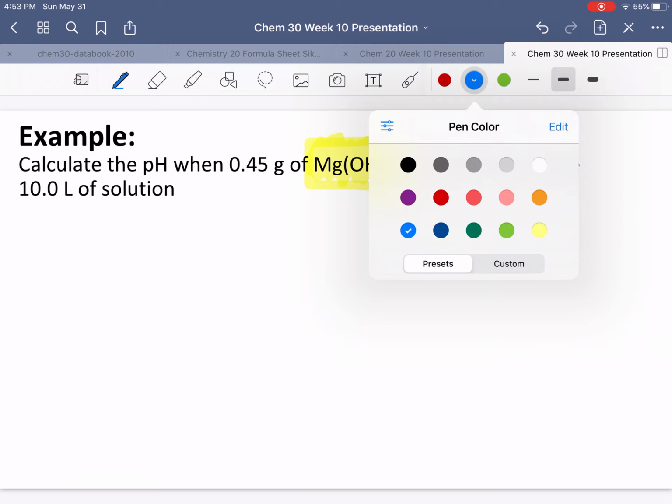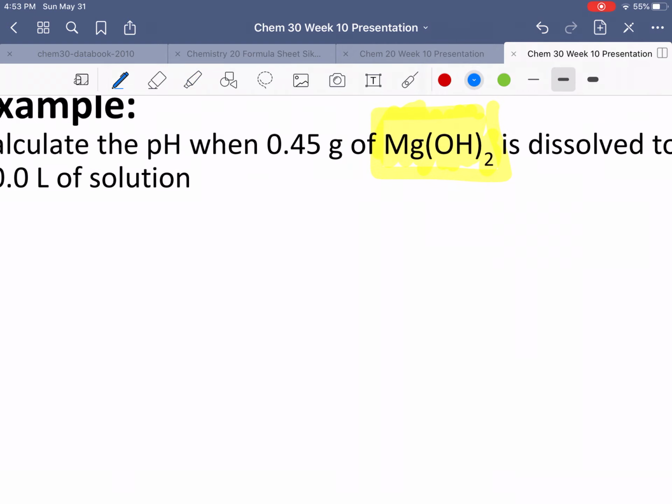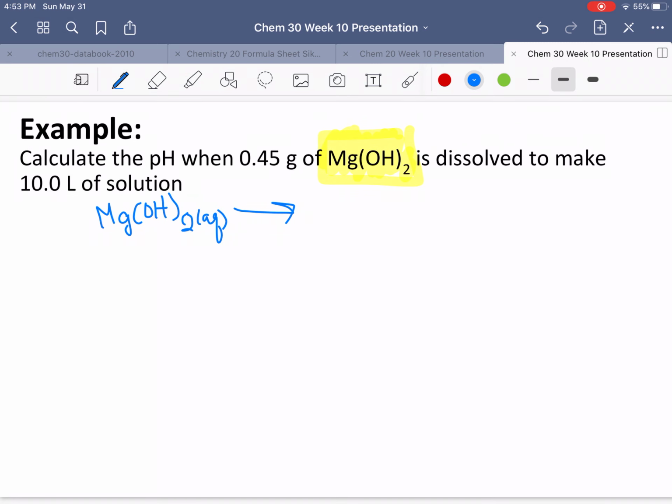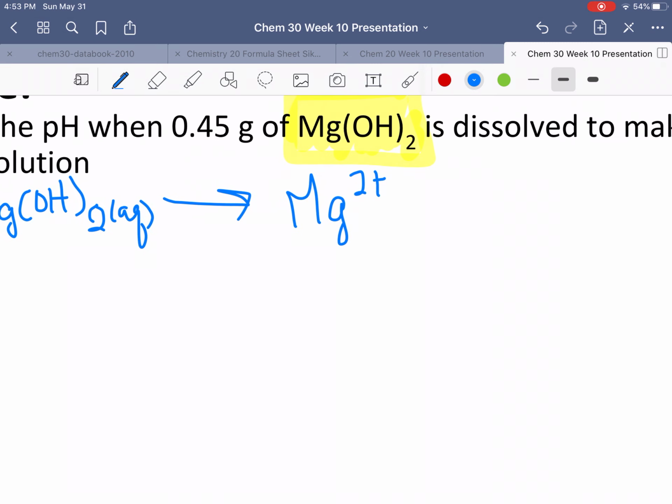First things first, same though, take the time to draw a proper equation. In this scenario, we've got magnesium hydroxide, and I'll illustrate to you in a moment why it's so important to have this equation. It is a metal hydroxide, so it's going to completely 100% dissociate, and it's going to split up into its individual ions. That's what dissociation is, thinking back to Chem 20.